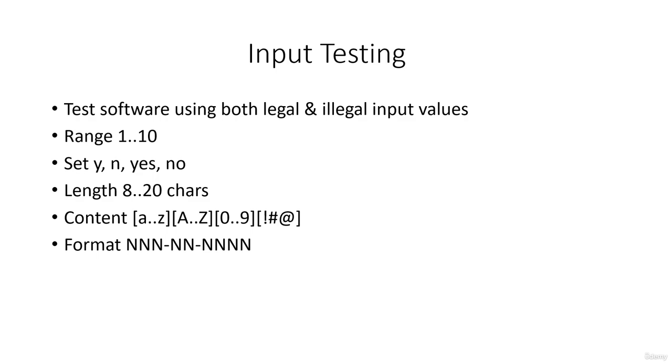Input data may also be tested as a fixed set of input values. Using this data set, both legal and illegal input must be handled correctly. Input data can be restricted to a specific length of characters, and passwords are often restricted to a length between 8 to 20 characters. Input data inside this range is legal and outside is illegal.